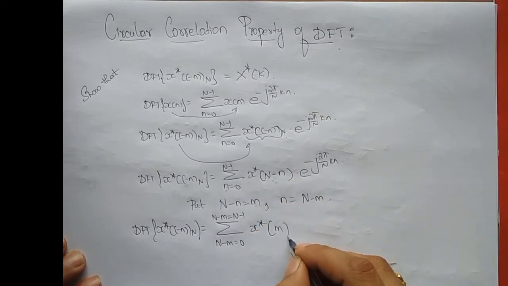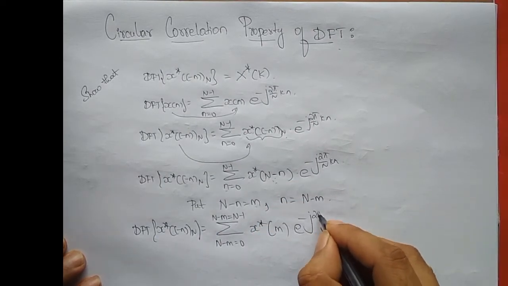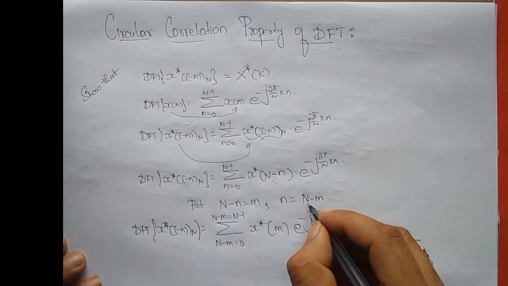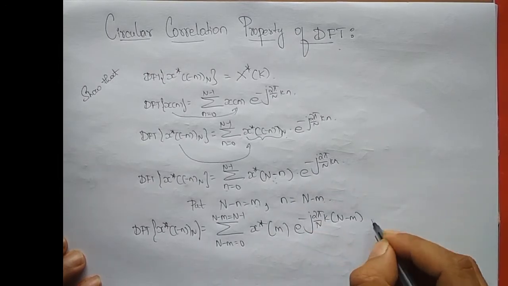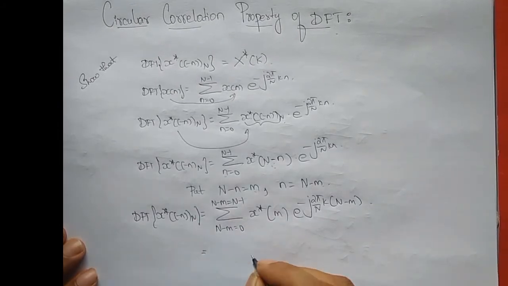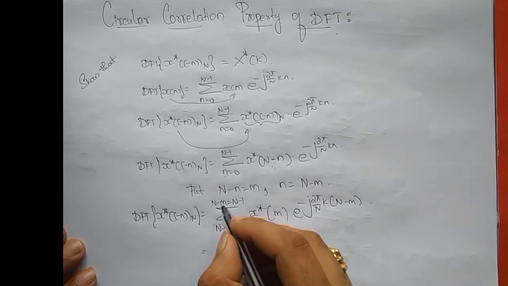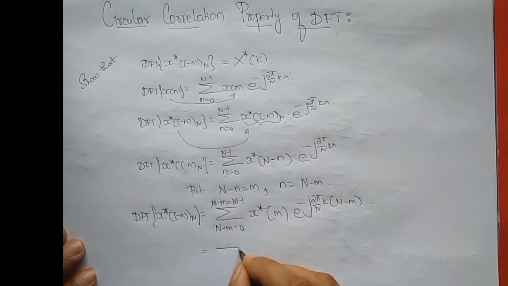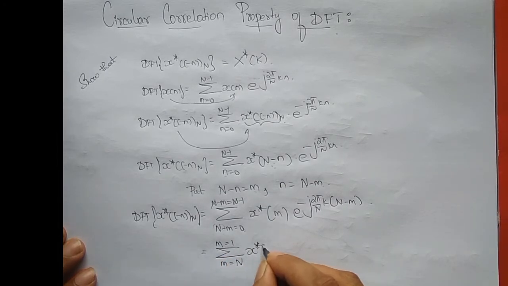Which is m, into e power minus j 2 pi by N into k into, what is n? n is N minus m. And this is equal to, writing it in terms of m, the N goes to the right hand side and here N cancels out, so I end up with summation m varying from N to 1 of x star of m.